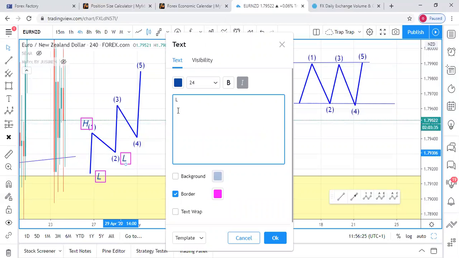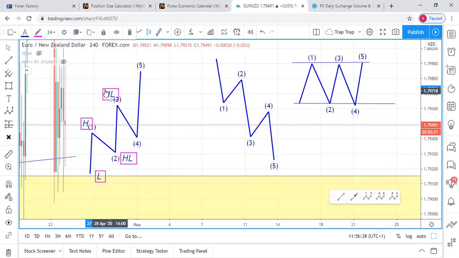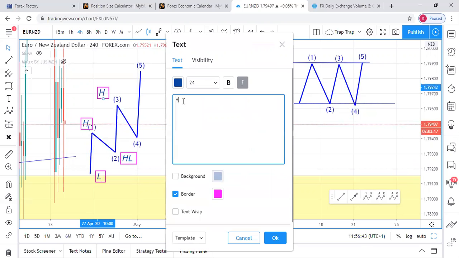Just that this time, this low is higher than this low here. So we'll call this a higher low. Then it went up and made a high. This time, this high is higher than this high.